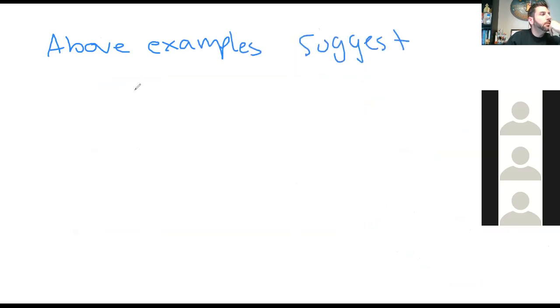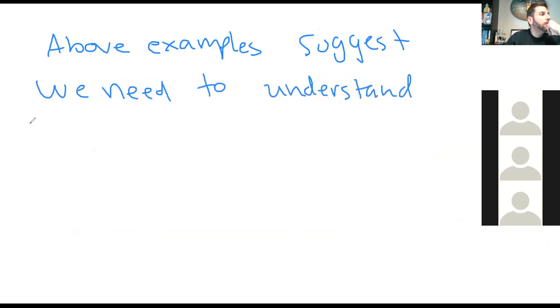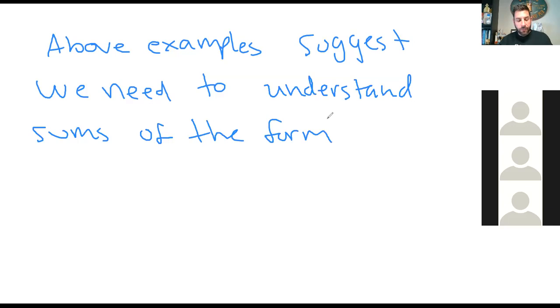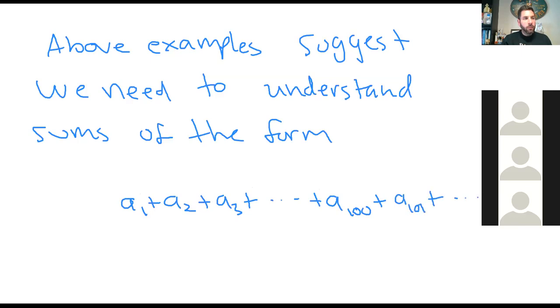Well, they suggest we need to understand sums of the form: I want to add infinitely many things up. I don't know what they're going to be, so let's give them a name. Let's say a sub 1 plus a sub 2 plus a sub 3 plus. And this process can go forever and ever. Say a sub 100 plus a sub 101, forever and ever and ever.